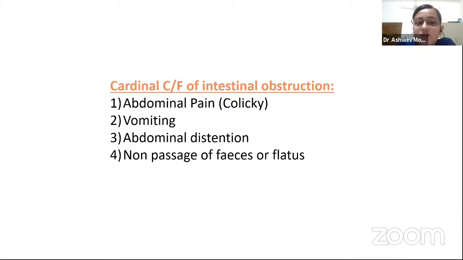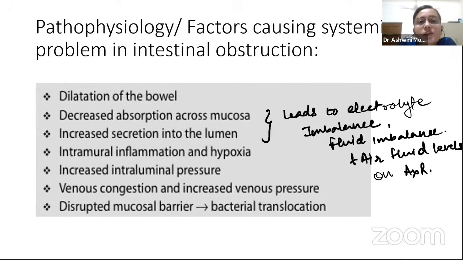Due to dilatation of bowel to accommodate the content, there will be abdominal distension, and there will be no passage of feces and flatus distal to the obstruction, right? That is complete obstipation.